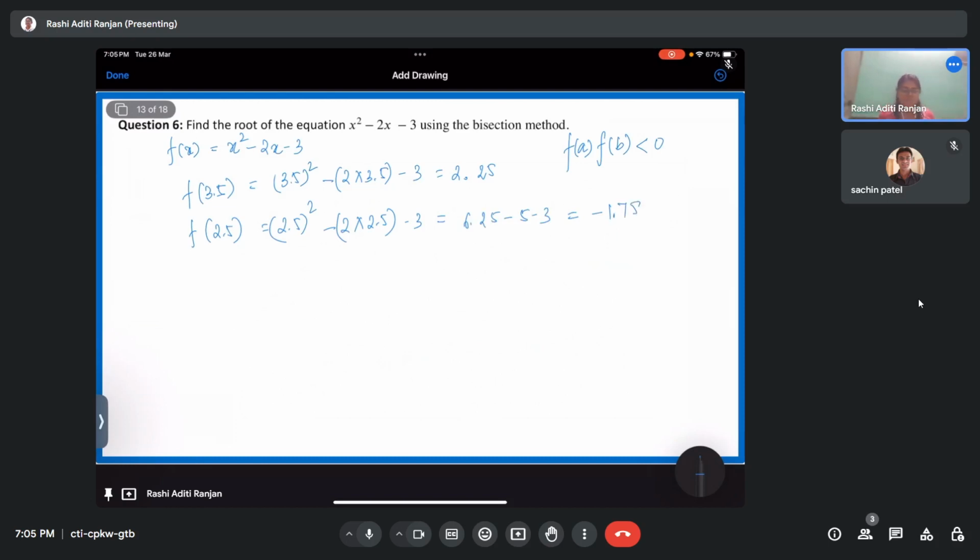Okay, I guess it will be negative. Good. Now see, I have got two values, 3.5 and 2.5, such that f(2.5) times f(3.5) is less than 0. So there should be a root between 2.5 and 3.5, correct? Now what do I do? I apply the method of bisection.